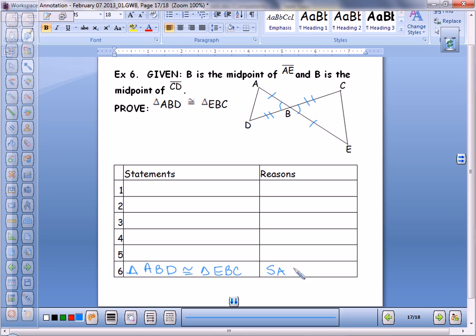Okay, so we know where we need to get to. And now let's go back to where we have to start. We always start with the given. B is the midpoint of AE. Why is that true? It was given.